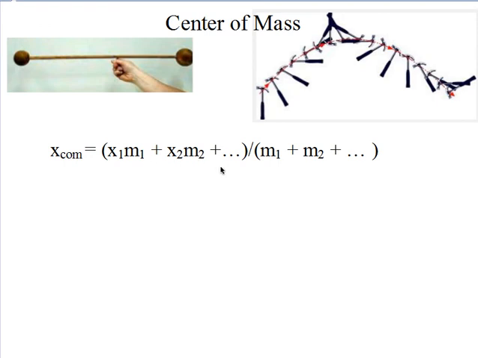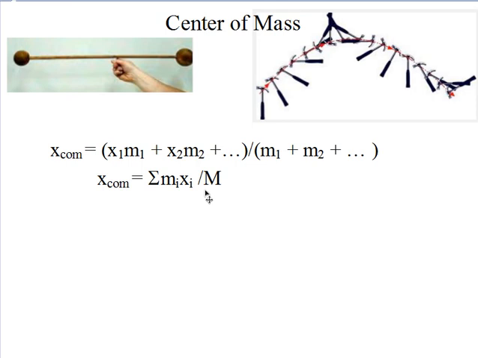I will add all of those up and then divide by the total mass, and this is what we call a weighted average. And that value that you get out of this is the center of mass, the location of the center of mass.